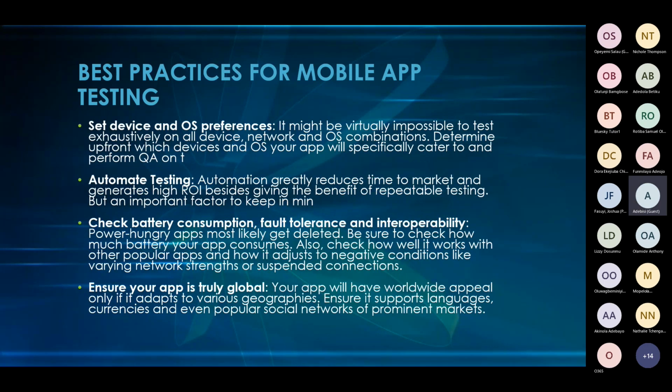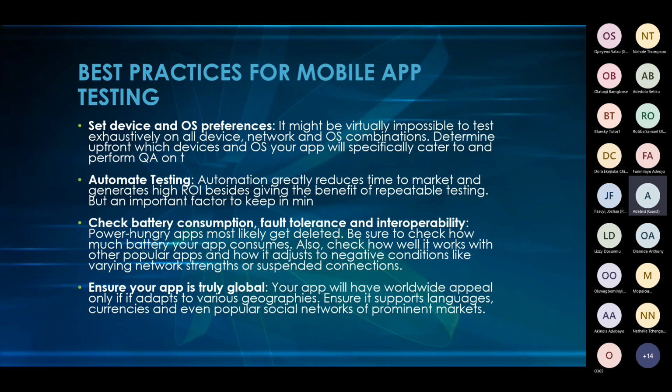Then we have set device and operating system preference. It might be virtually impossible to test exhaustively on all devices, which is part of the software principle. So, network and operating system combination.